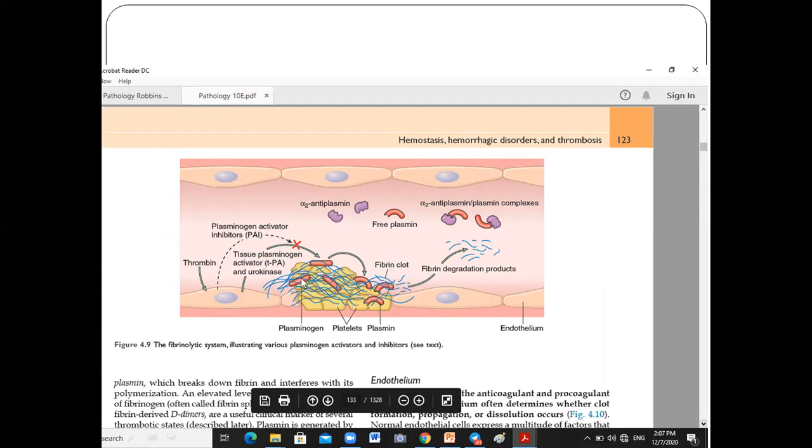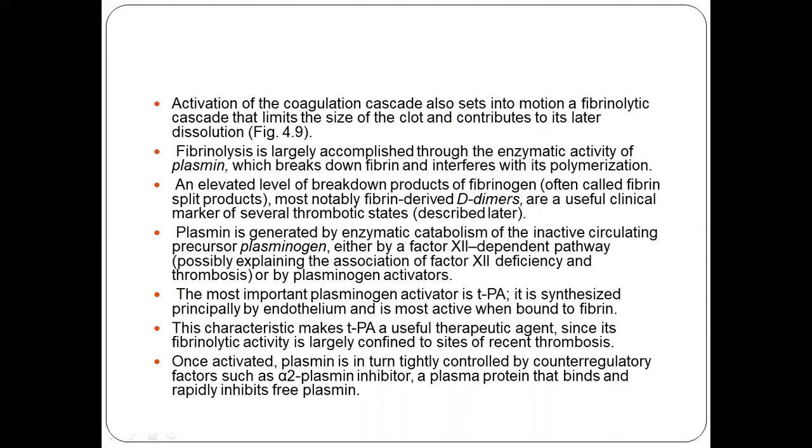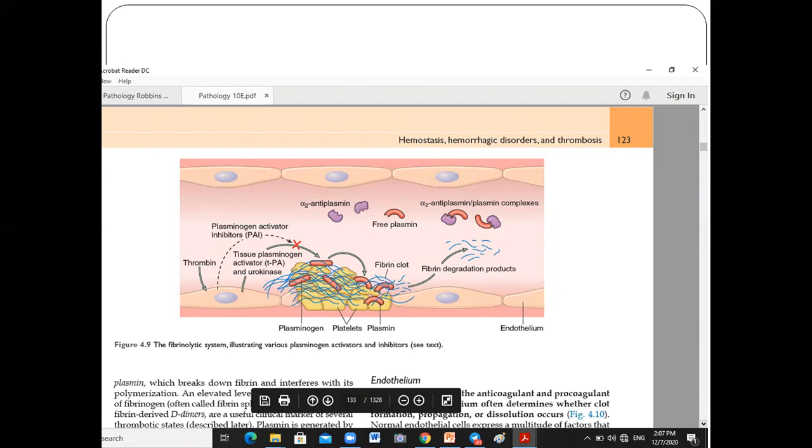This is the fibrin clot, platelet, plasmin. Plasmin will cause fibrin degradation. Thrombin will act on endothelium. Free plasmin is bound to alpha-2 antiplasmin, which limits and inhibits free plasmin.